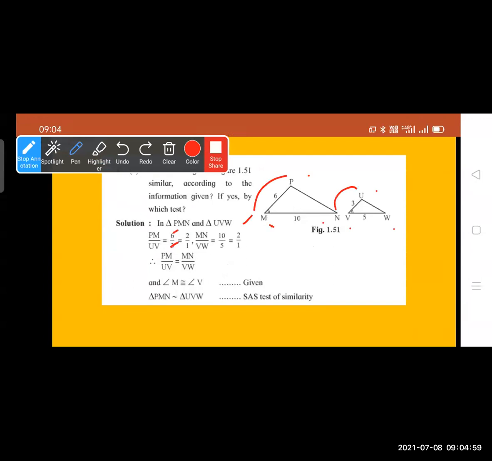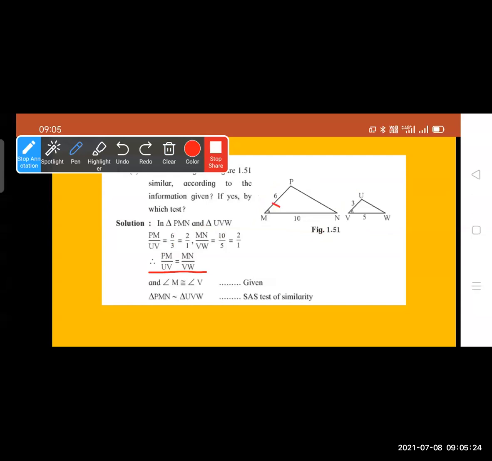Next, MN by VW is equal to 10 by 5. 5 ones are 5, 5 twos are 10, so again 2:1. So we get PM by UV equal to MN by VW. These two corresponding ratios are in proportion.